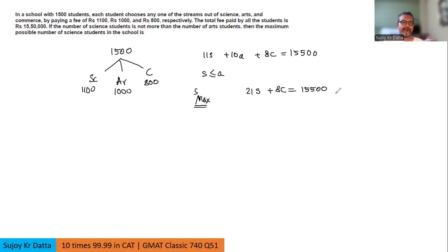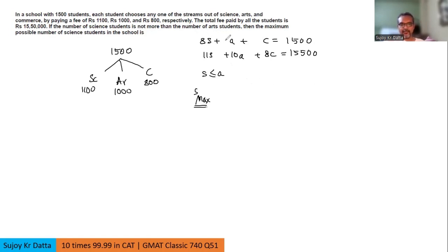Before that, we have one more equation where the total number of students is 1500. So let's write that down, S plus A plus C is 1500. What we can do is get rid of the C, so let's multiply that with 8.